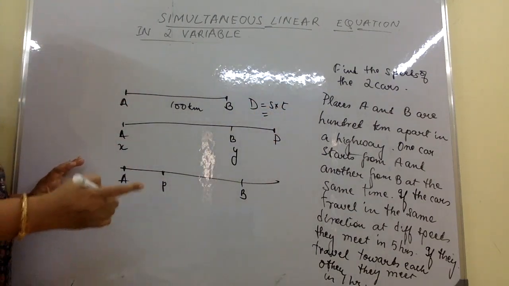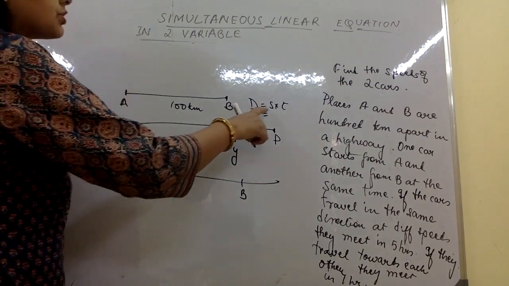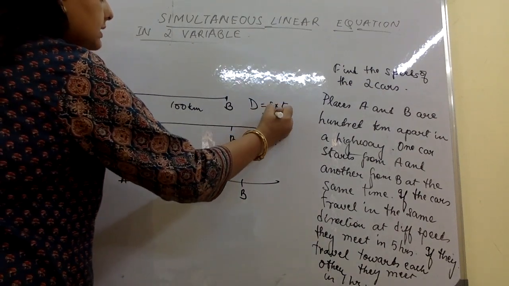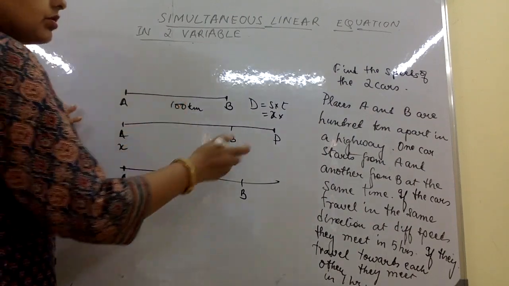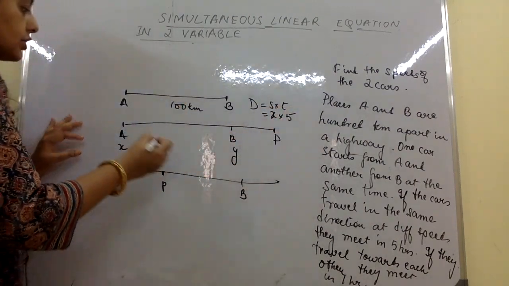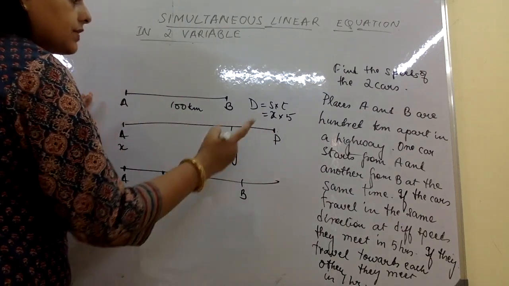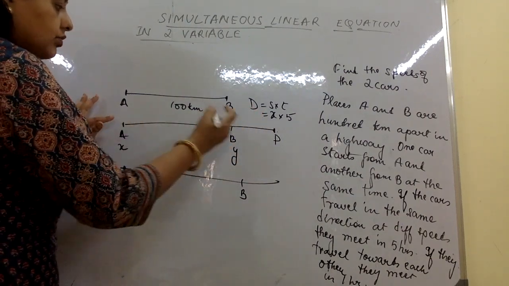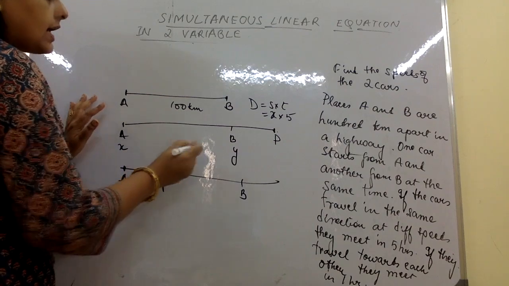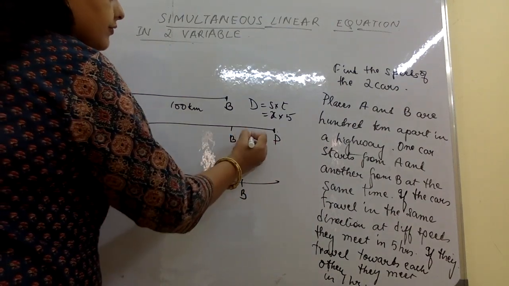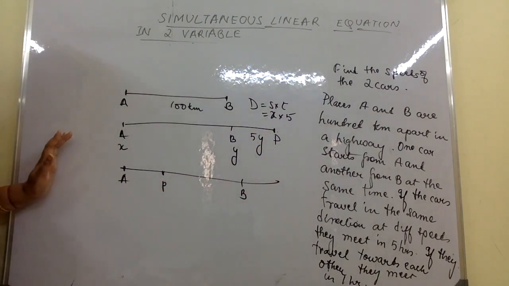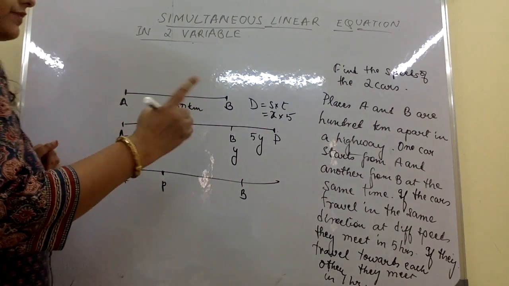Here speed is x and time is 5 hours, so A to P is 5x, and the other one is 5y.